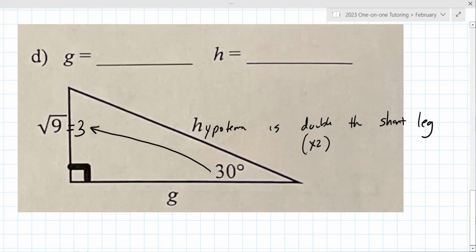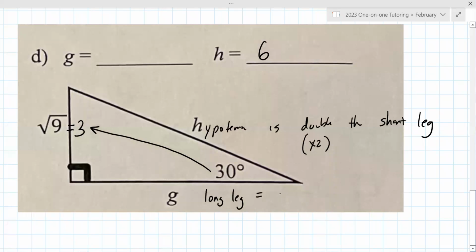Yes. Okay, so what's the value of the short leg, Sourish? 3. And what's 3 times 2? 6. So that's the value of h, is 6. All right, so G is the long leg.